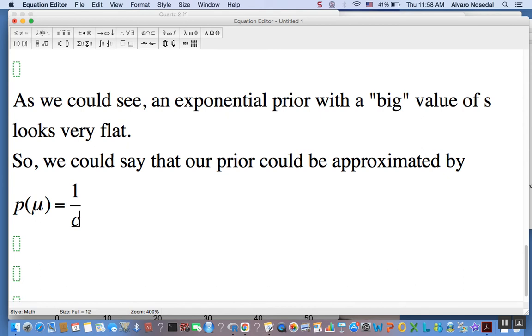Our exponential, remember that our exponential goes from 0 to infinity, right? But we could approximate it by something that is like a uniform, right? Over the interval, 1 over c, that would be the expression for a uniform over the following interval, if mu lives between 0 and c, right? Okay, and what we're thinking here is for a huge c.